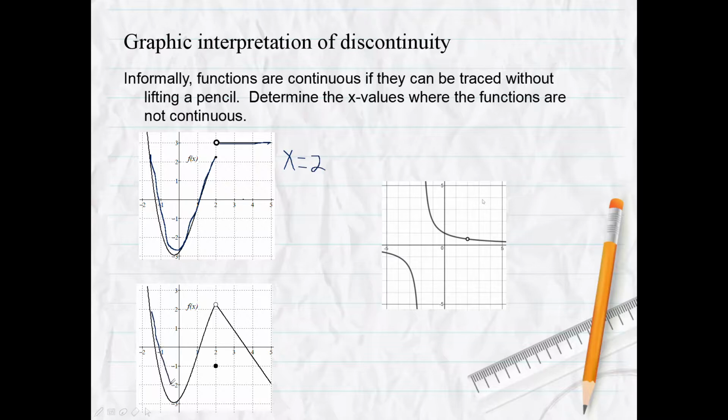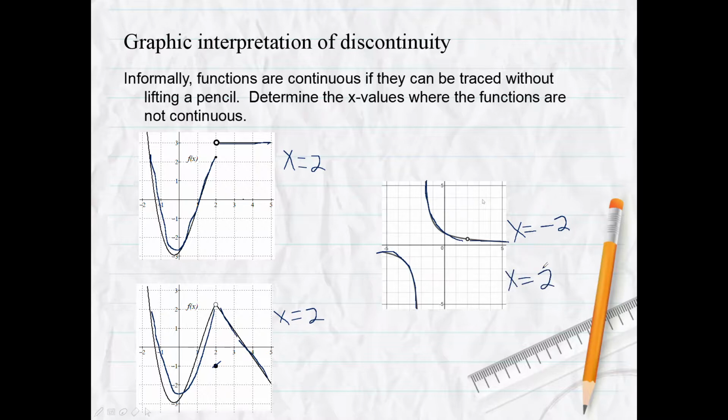If I trace the curve, I have to pick up my pencil to skip that hole and make the dot. So this one is discontinuous at x equals 2. And this one, tracing the curve, I have a hole, so I have to pick up my pencil. Also over here, I had to come down and pick up my pencil to start back up here. So this one is discontinuous at x equals -2 and x equals 2.